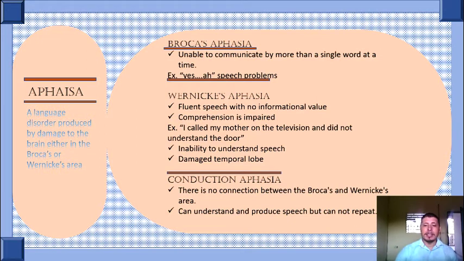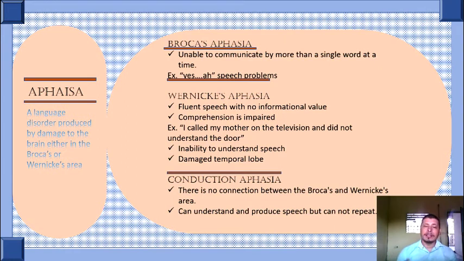And the last one is conduction aphasia, where there's no connection between the Wernicke area and the Broca's area. So a person can understand and produce speech, but cannot repeat it. For instance, maybe in the classroom somebody gives a student instructions that he has to follow.